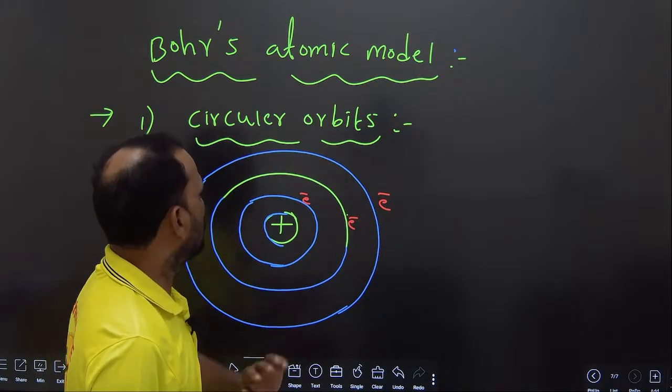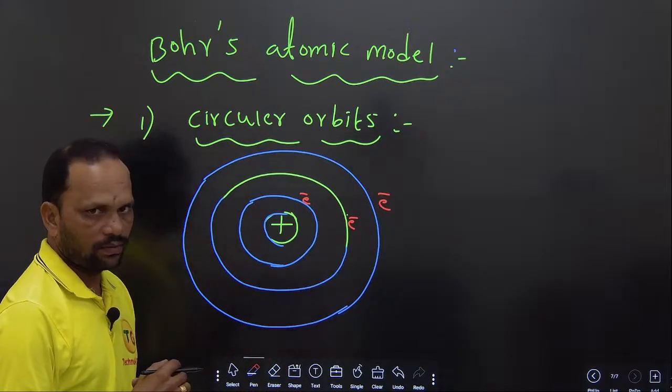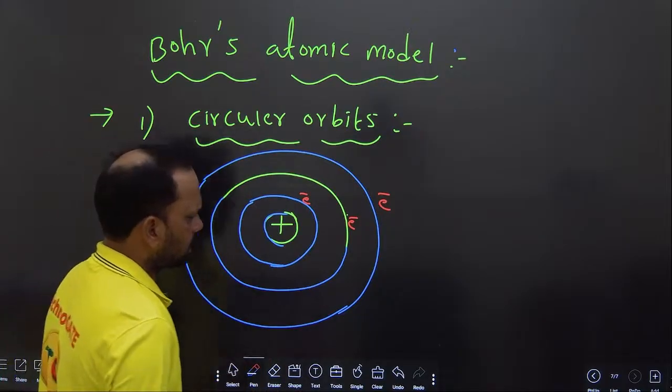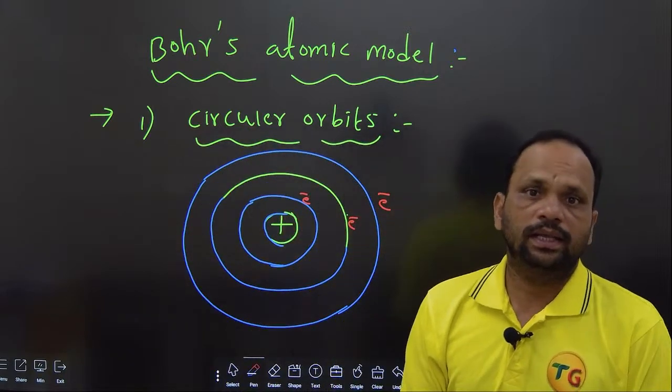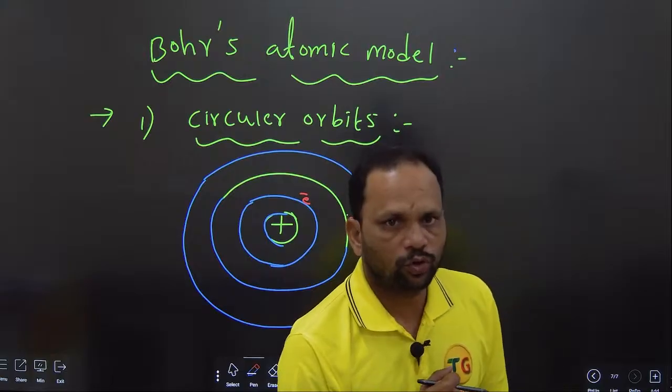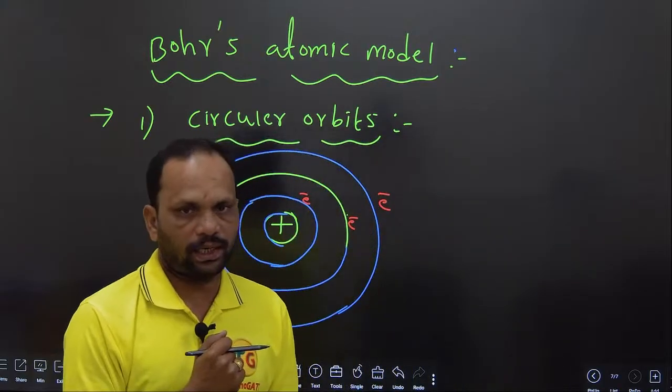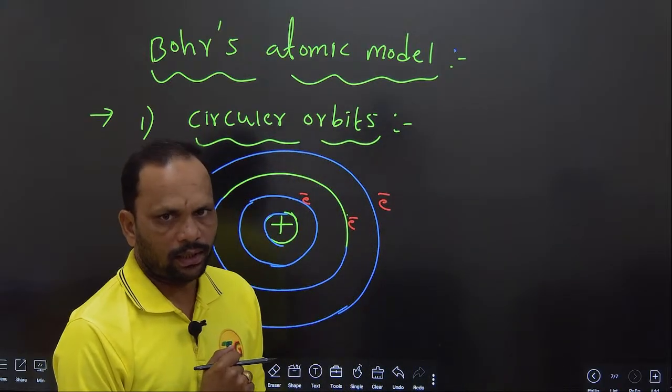So this is the law of circular orbit. If anything has to rotate in a circular orbit, the centripetal force should be equal to the centrifugal force.